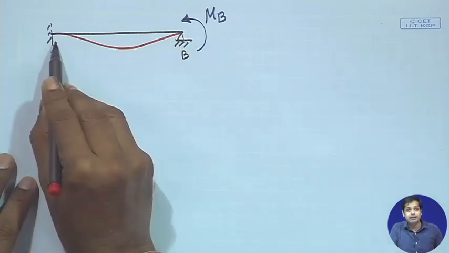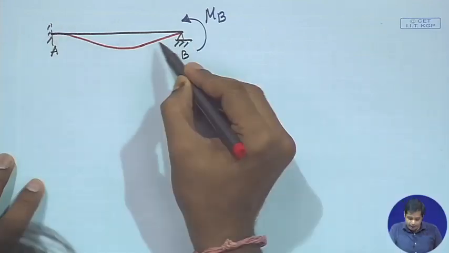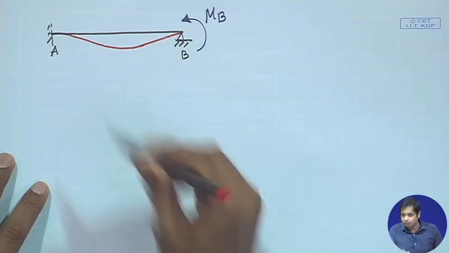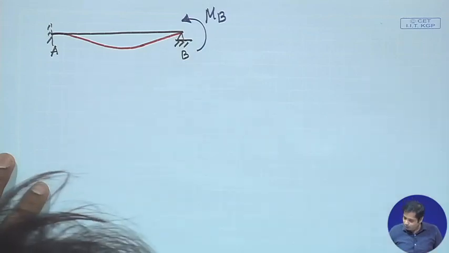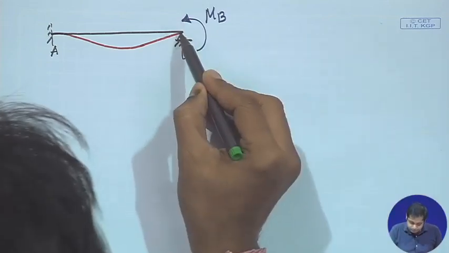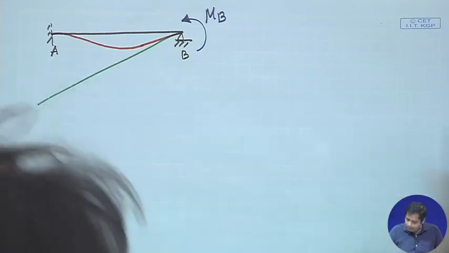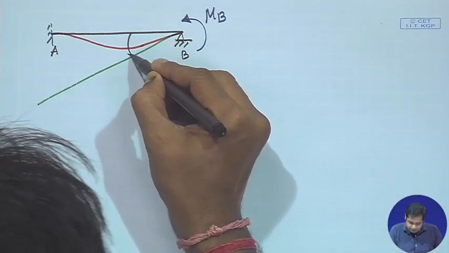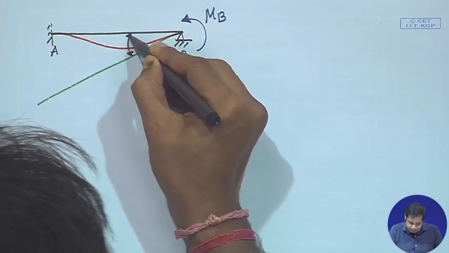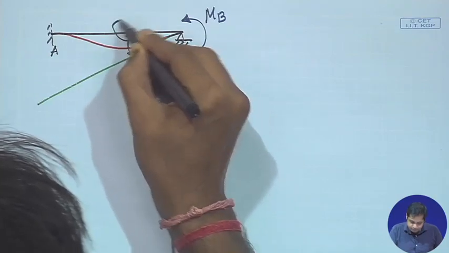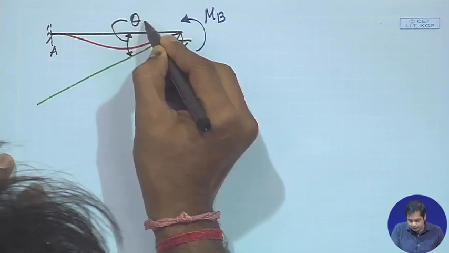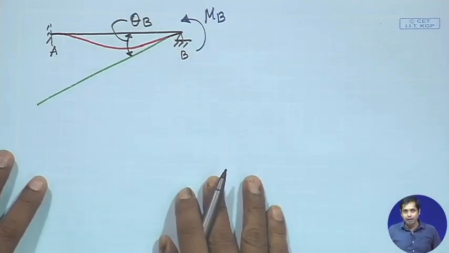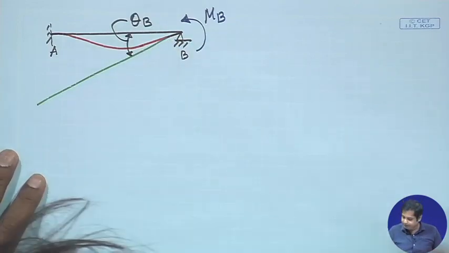Since it is a fixed end, the slope is 0, and at B it is a hinge end, so there will be a non-zero slope, and this angle is theta B.